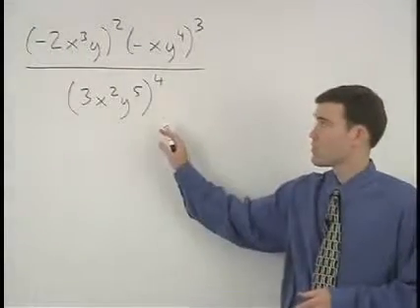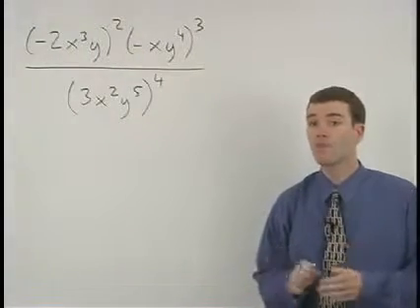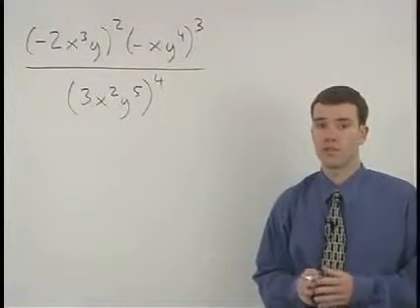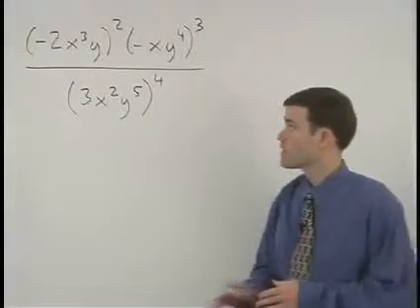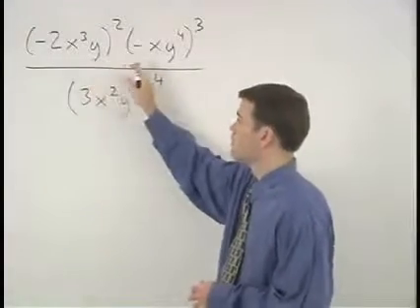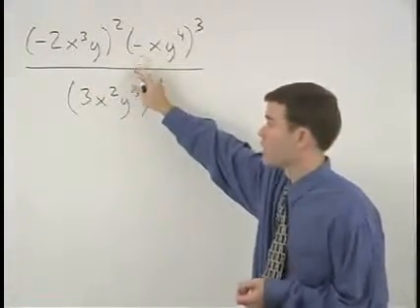To simplify this problem, we must apply all of the different exponent rules that we've learned in this chapter. First, we apply the power rule for each set of parentheses in the numerator.